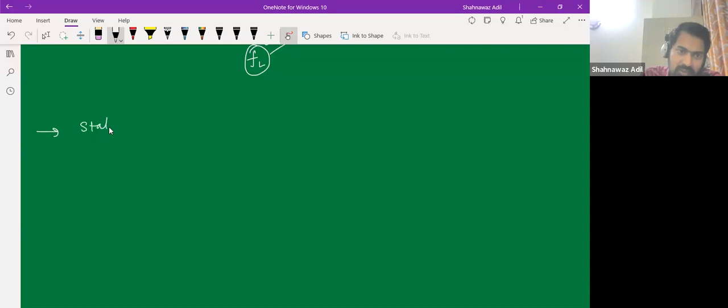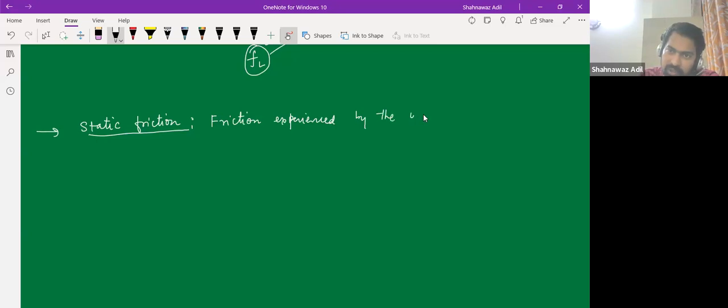So, static friction. It is the friction experienced by the object when the object is stationary, right?